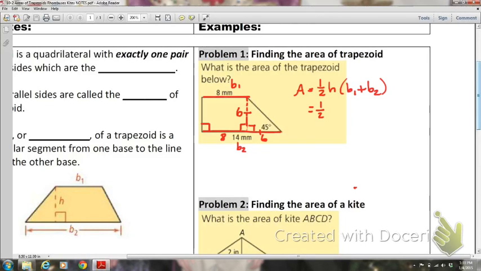Your 1/2 times the height, which is 6, times the sum of your bases, 8 and 14. So 1/2 of 6 is 3, and 8 plus 14 is 22. So that gives us an area of 66, and we're in millimeters squared because area is always in units squared.